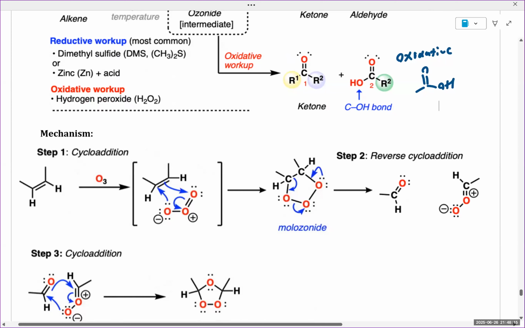So what's the mechanism? In the first case, you end up with cycloaddition of ozone. So ozone, which is O3, reacts with your alkene. You get a molozonide. That molozonide then rearranges. First, we break bonds and generate these fragments.